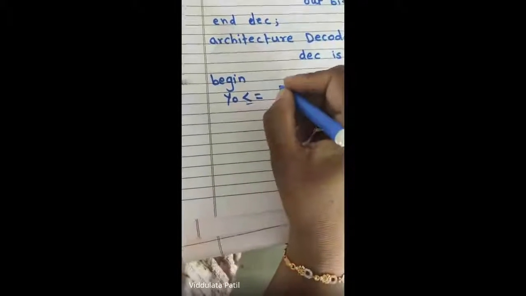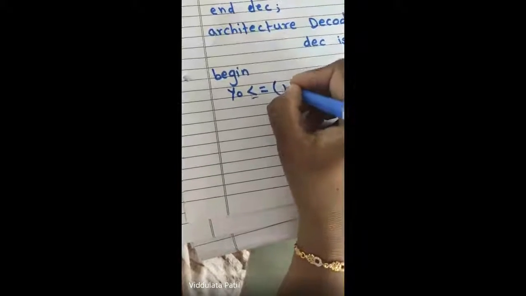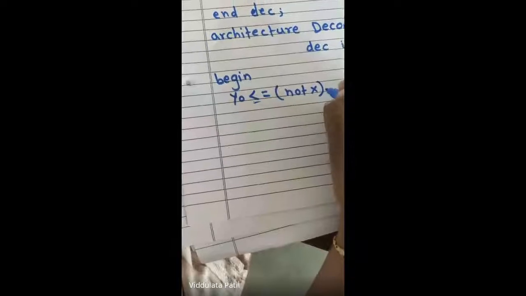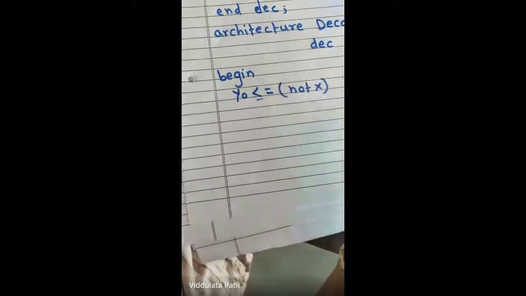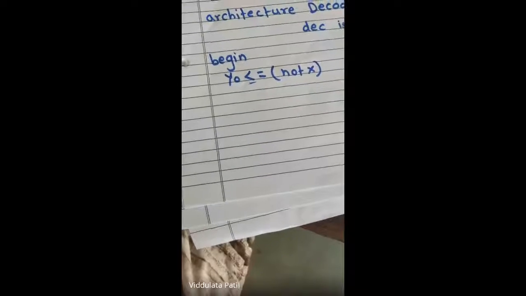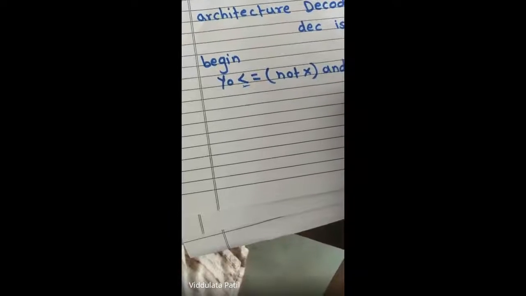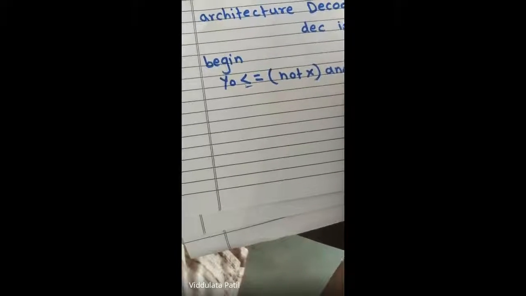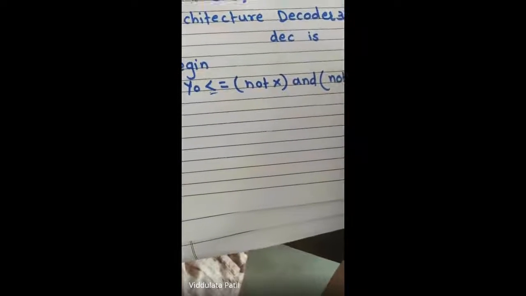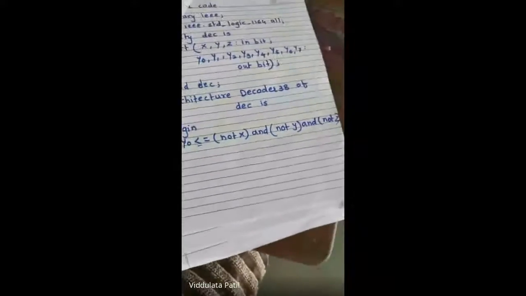So X bar means you are complementing X. So here you should write not X. Then as it is X bar, Y bar, Z bar, that means there is an ANDing operation between X bar, Y bar and Z bar. So here there should be AND. After that again not Y and not Z.